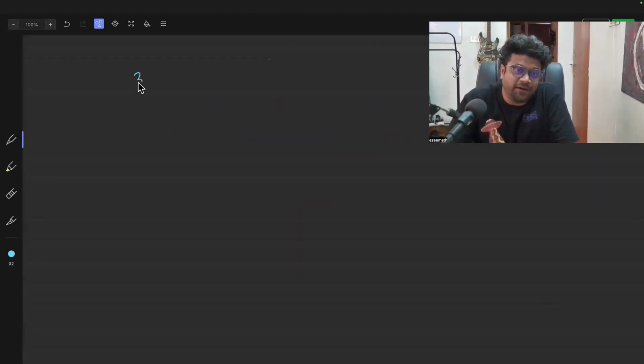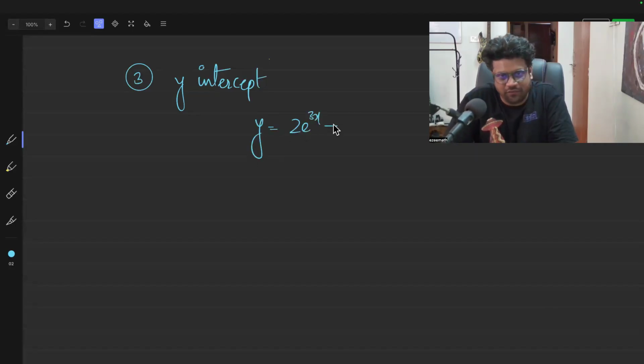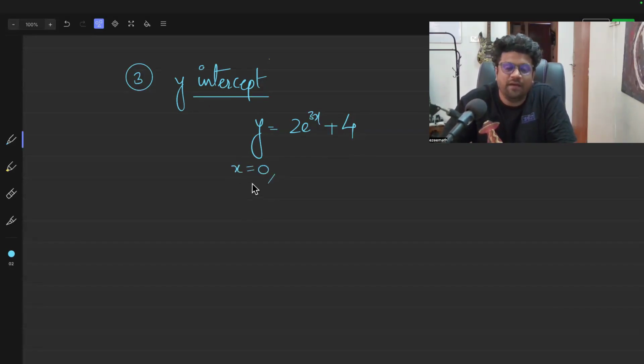Now let's look at the third point, the y-intercept. Y equal to 2e to the power of 3x plus 4 is where we are. We're going to have to substitute x equal to 0. If you want to find the y-intercept of any curve, substitute x equal to 0. You will get the y-intercept. There it is. 2e to the power of 3 times 0 plus 4.